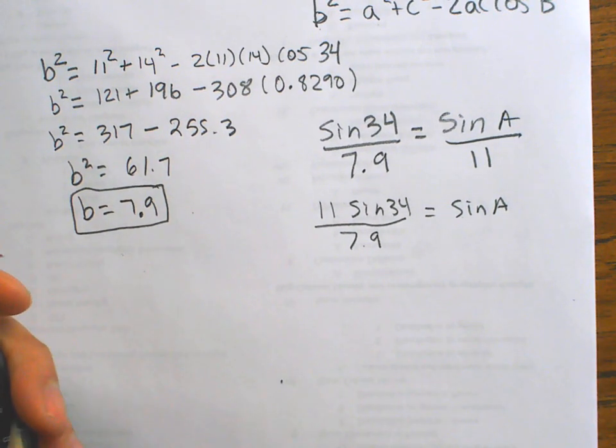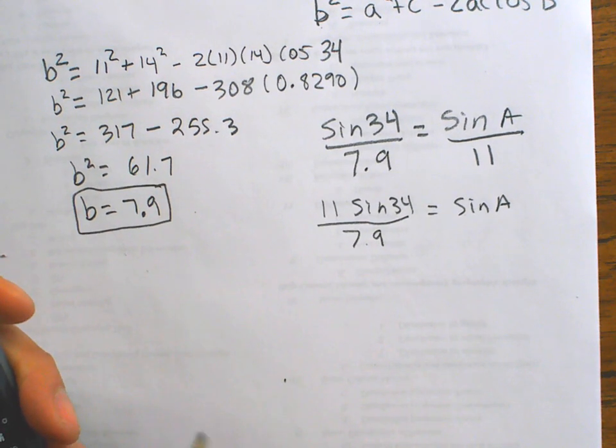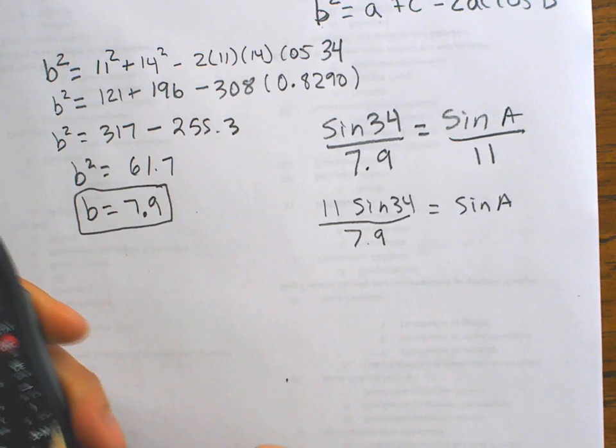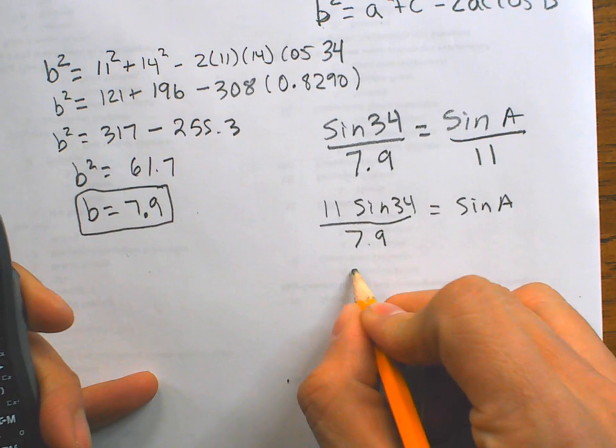All right, so I'm going to start with sine of 34 times 11, all divided by 7.9. That's going to give me the following number.